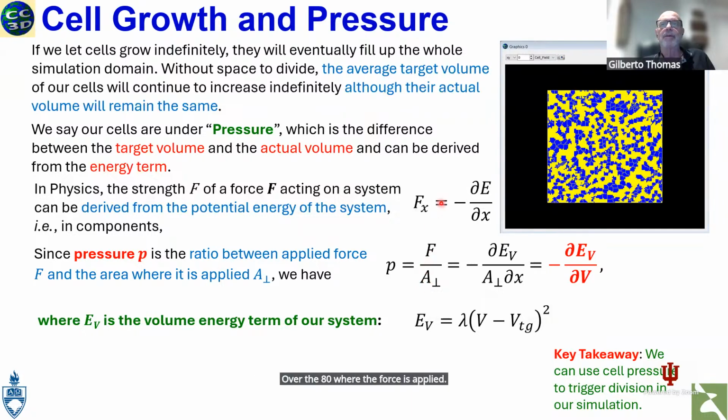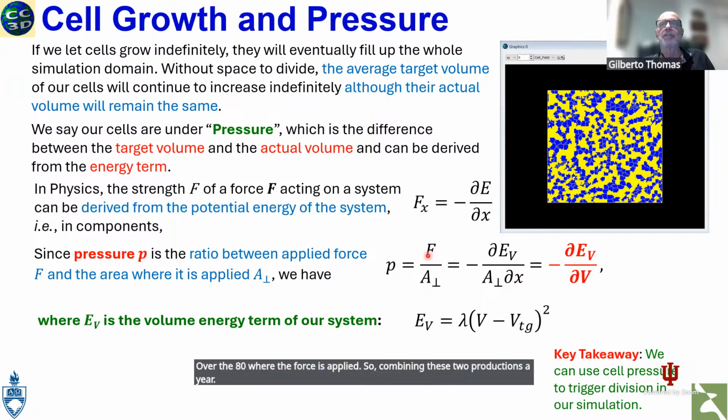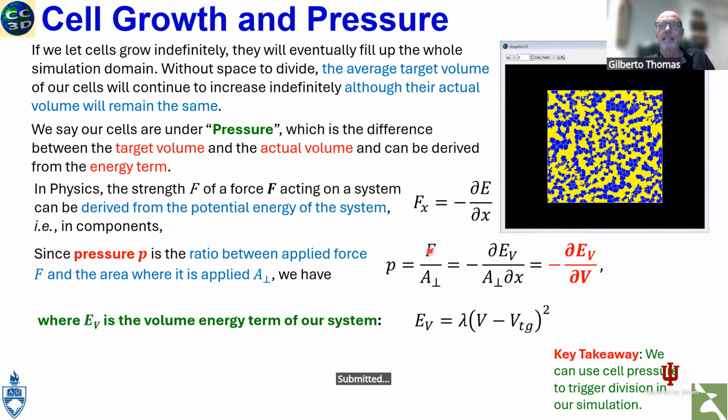And pressure is the ratio between applied force over the area where the force is applied. So combining these two expressions, substituting in the expression for force, we have this equation here. And in the denominator, we have area times space, which is dimensionally a volume.